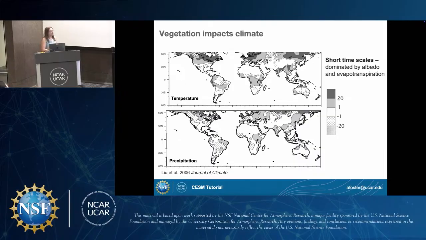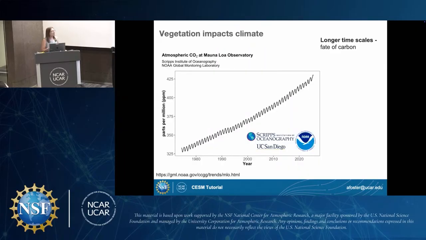We can see a strong positive feedback with temperature in the boreal zone. And then the feedback for precip, which is on the bottom, is a little more patchy. Over short time scales, the vegetation feedback is dominated by albedo and evapotranspiration. Over longer time scales, it's really all about the fate of carbon.